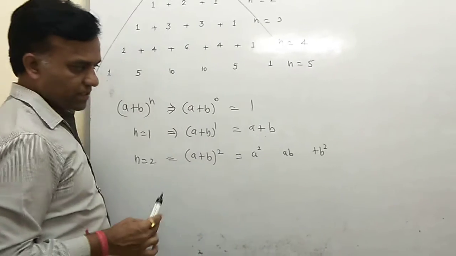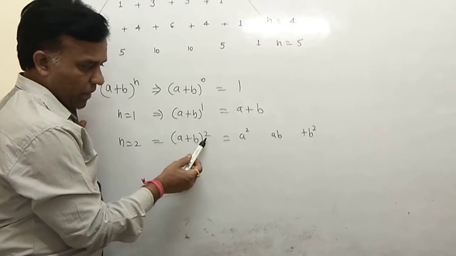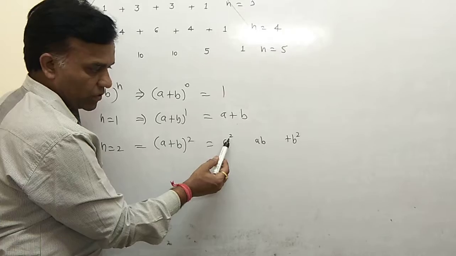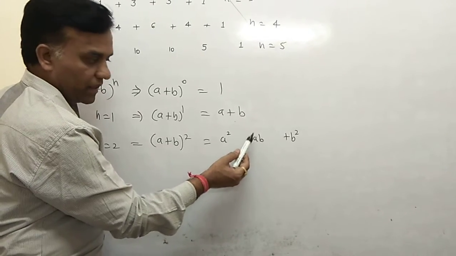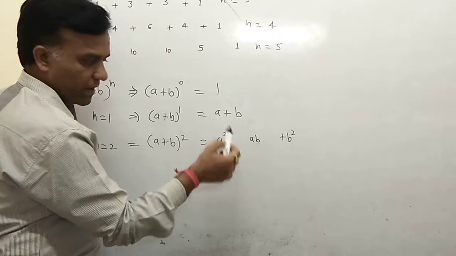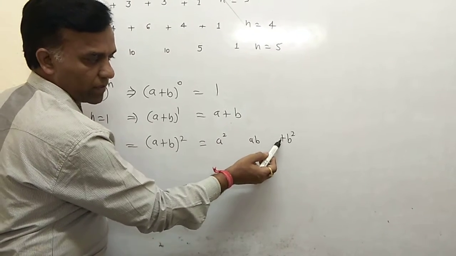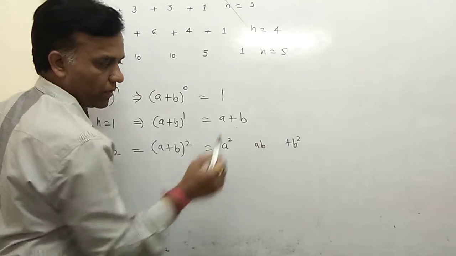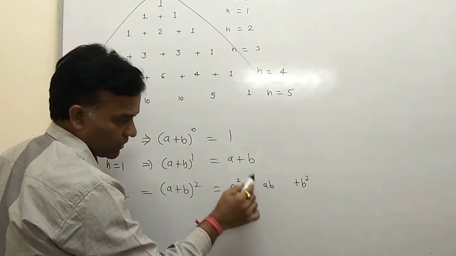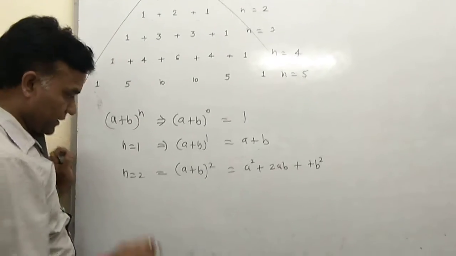First you learn the concept: the first term has power 2, then the power reduces to 1, and the second term increases by 1, but their sum is 2, so 1 plus 1 is 2. Then a to the power 0 here, so b square, because the power is 2. So 2ab, 1 plus 1 you write as 2, with a plus sign.